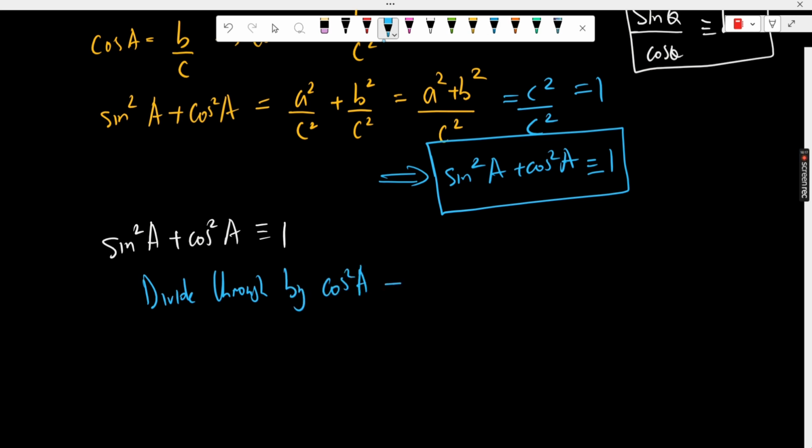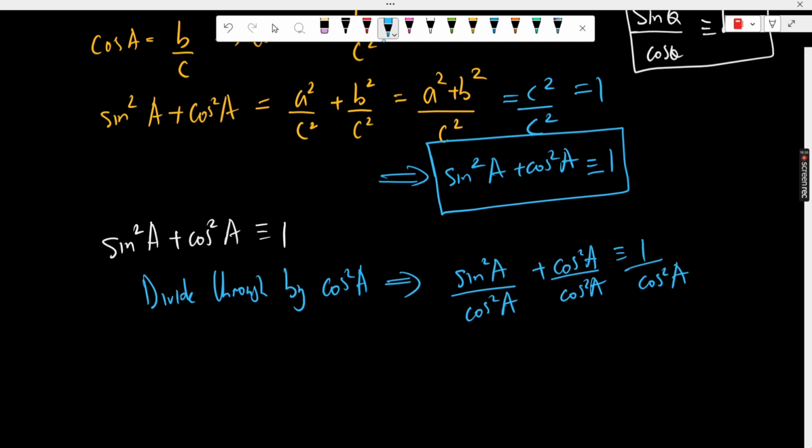And what does that give us? We get sine squared A over cos squared A plus cos squared A over cos squared A is equivalent to 1 over cos squared A.